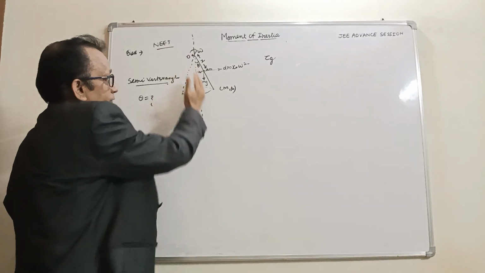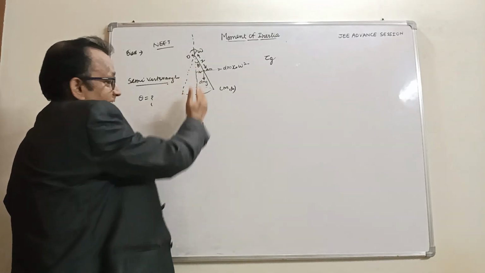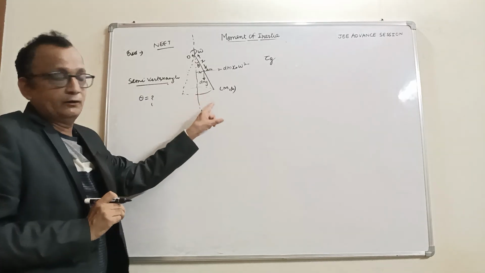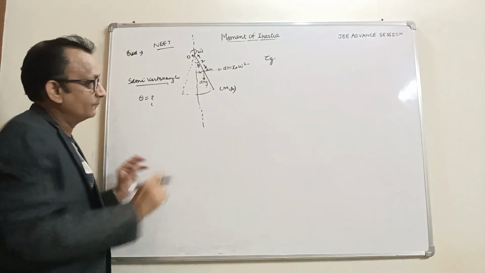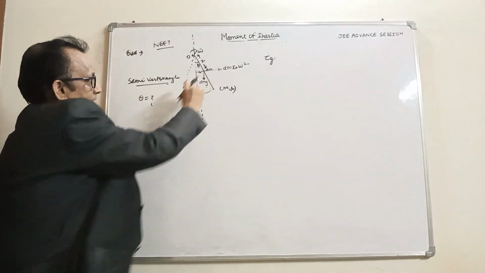Both torques are opposite, and for equilibrium these both torques will be the same for the conical motion.